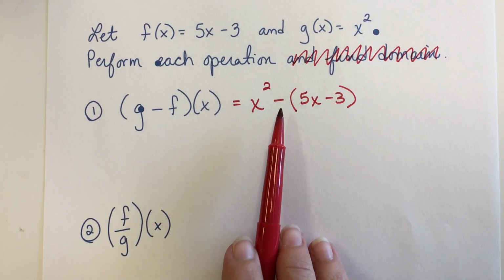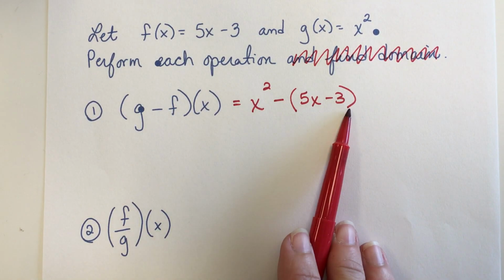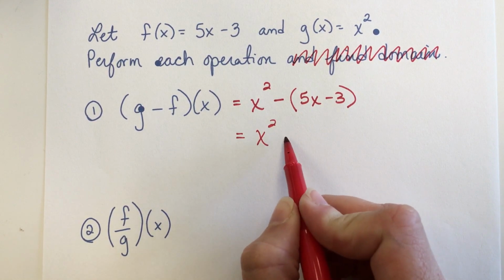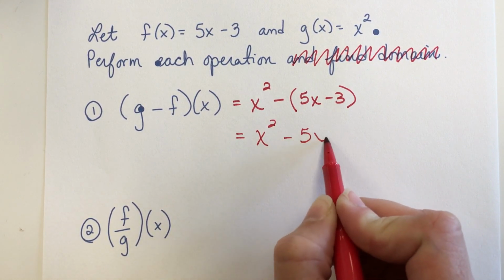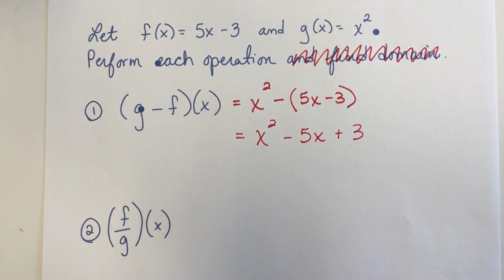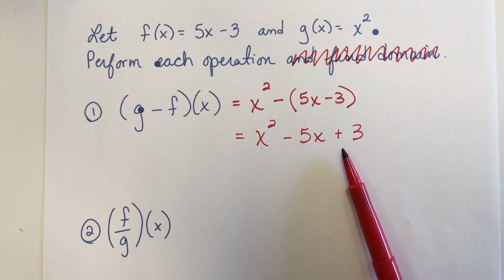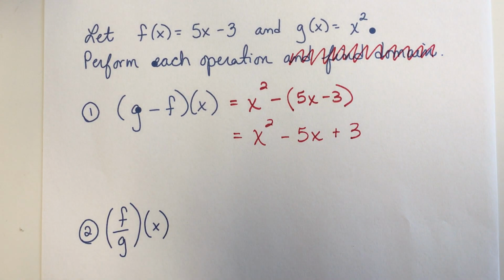Now, because this is subtraction, you will need to distribute your minus sign. This would just be a matter of simplifying. So that would give you a minus 5x and then a plus 3. Now, at this point, if you had any like terms, you could combine those together, but you don't have any like terms. So this is your answer. It's just simply telling you to subtract your functions.